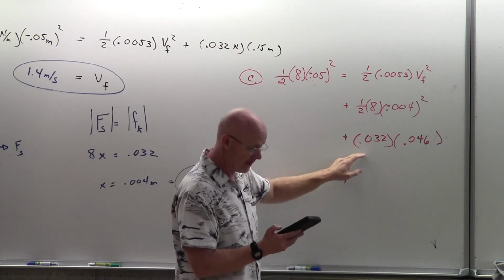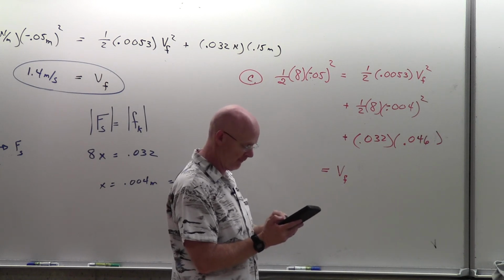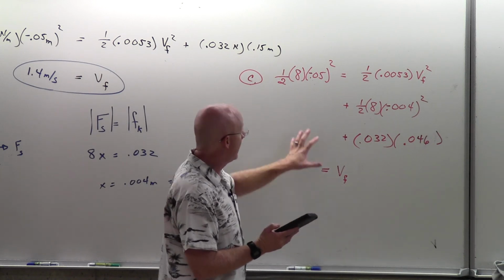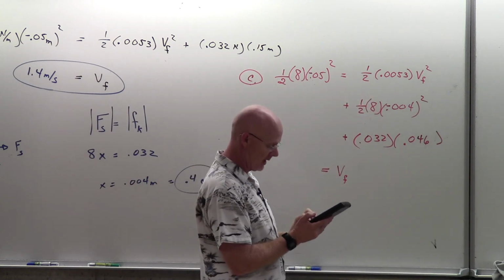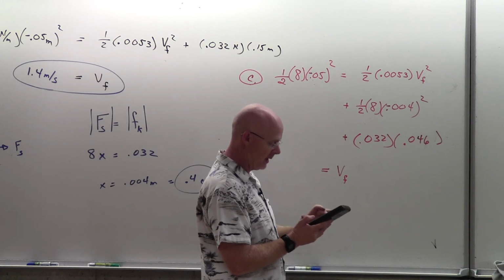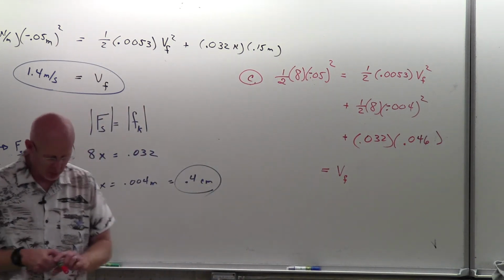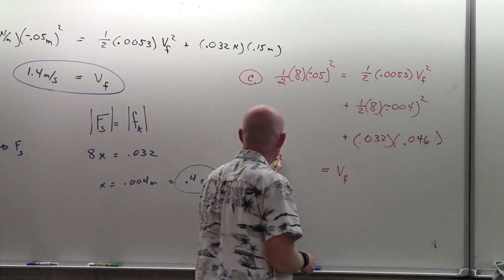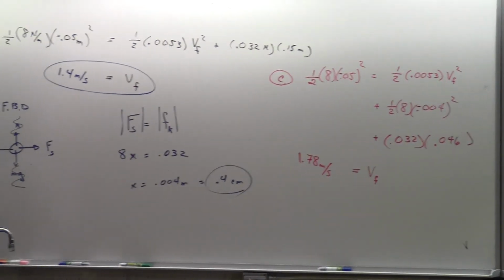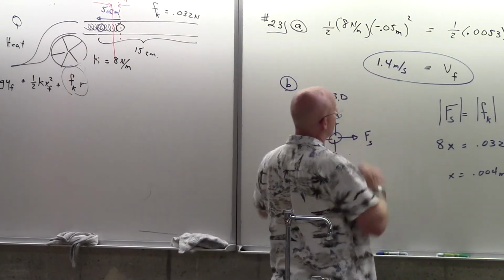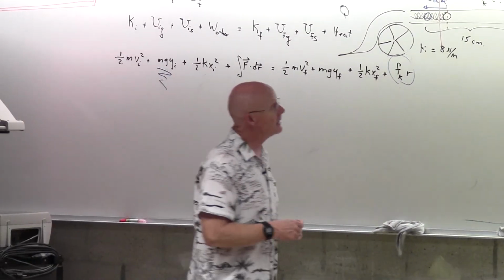I will also subtract off this term, 0.032 times 0.046. And that just leaves me with this, times 2 divided by 0.0053. I will take the square root of all of that, and it looks like 1.78 meters per second is the speed, and it is definitely bigger than that one. Great. And that was the whole idea.